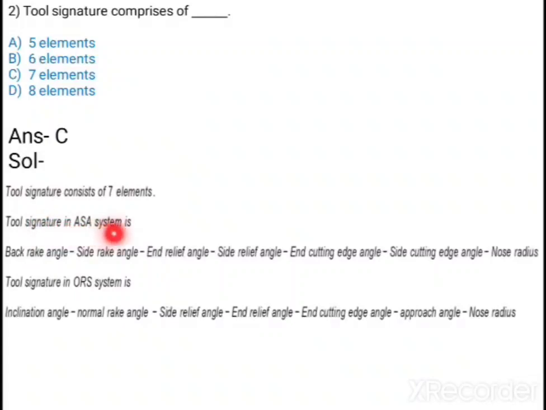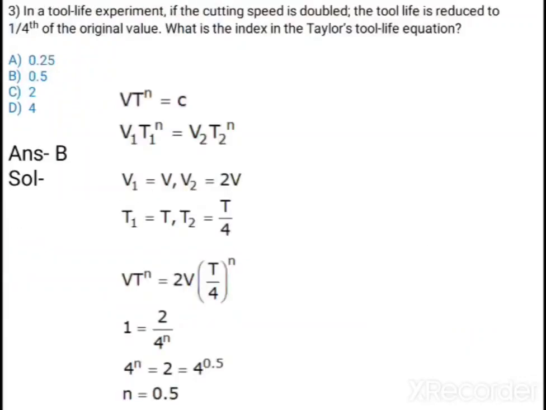Tool signature in ASA system is given as back rake angle, side rake angle, end relief angle, side relief angle, end cutting edge angle, side cutting edge angle and nose radius, whereas in the ORS system it is inclination angle, normal rake angle, then side relief angle, then end relief angle, end cutting edge angle, approach angle. Here is the difference: we have to use approach angle and nose radius. So basically the tool signature comprises of 7 elements. Option C.